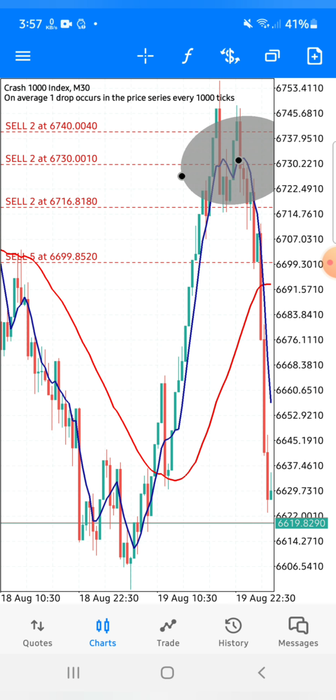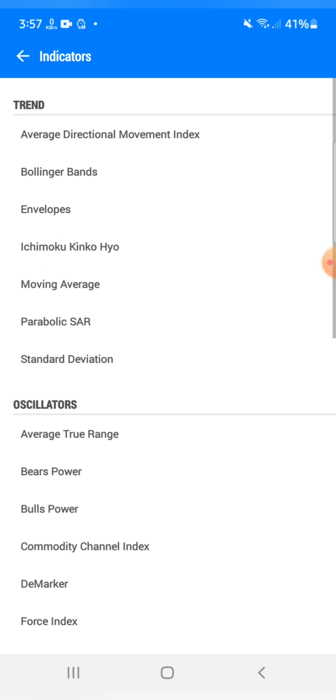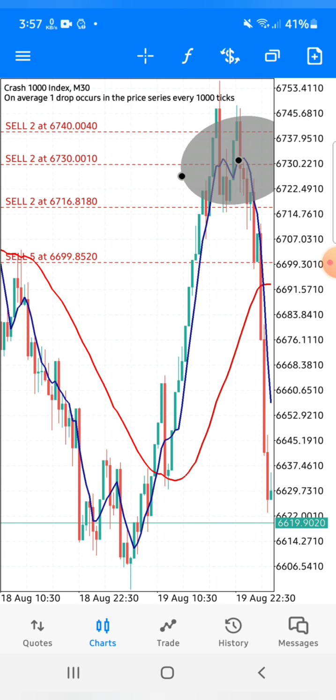And now relating this with our moving averages, mind you guys, you can use whatever trend indicator you know how to use. But you know, I like to use my envelopes or the moving averages. In this case, we're using only the moving averages, which I have given the settings.